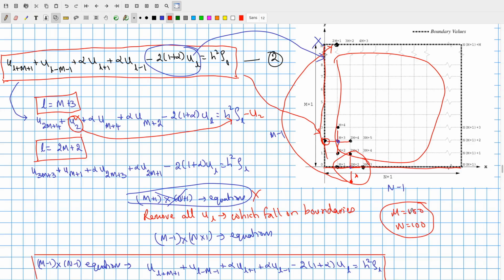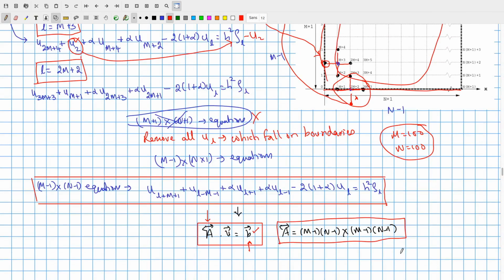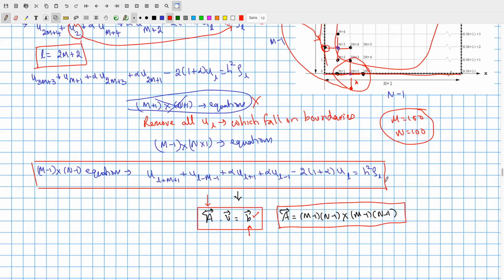You have to at least make it 200, 300, 500, or sometimes even thousands. So let us take very reasonable grid points of m equal to 100 and n equal to 100. m minus 1 equals 99, so we can approximate it as 100. So (m-1)(n-1) is typically going to be 10 to the power of 4.